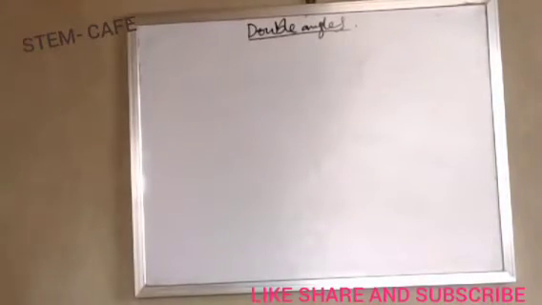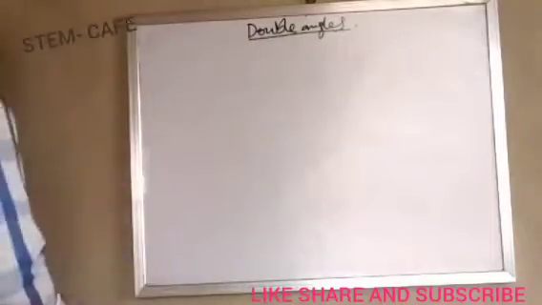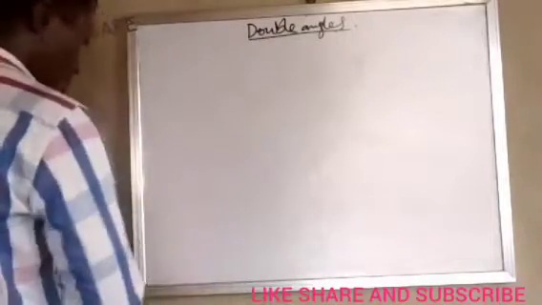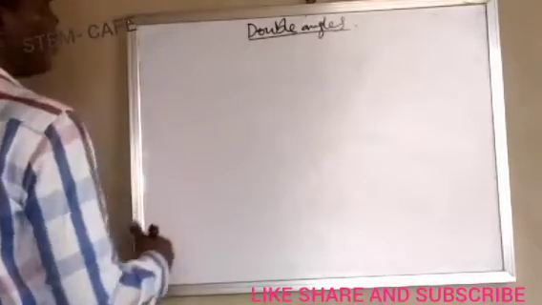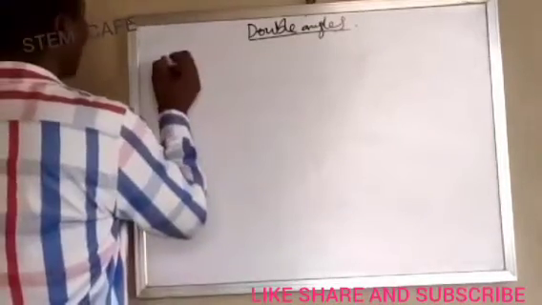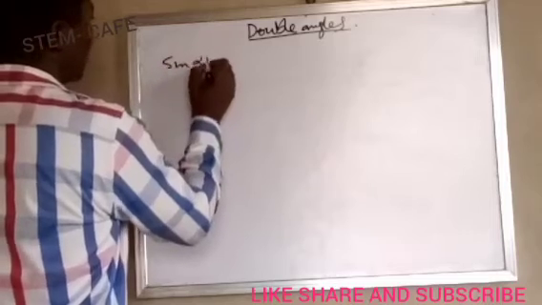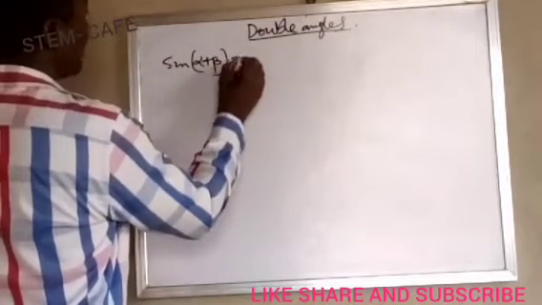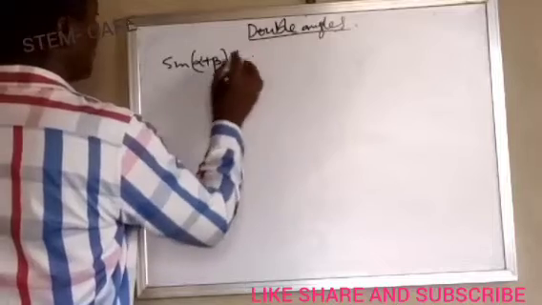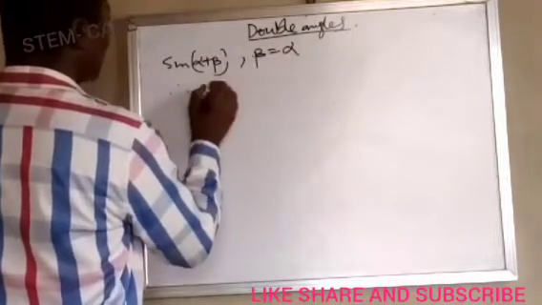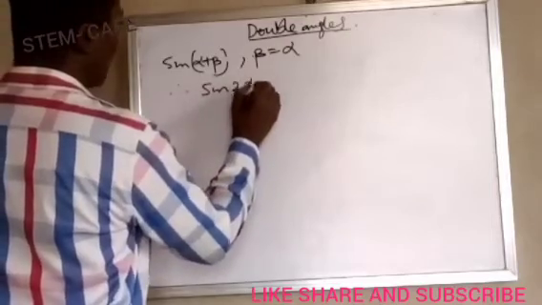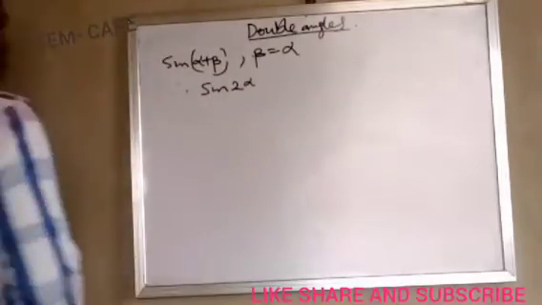In double angles, we have it like sin 2 theta, cos 2 theta, tan 2 theta. What happens here is, instead of having alpha plus beta, like sin alpha plus beta, beta will be equal to alpha. Therefore, we are going to have sin 2 alpha, or cos 2 alpha, or tan 2 alpha, as the case may be.